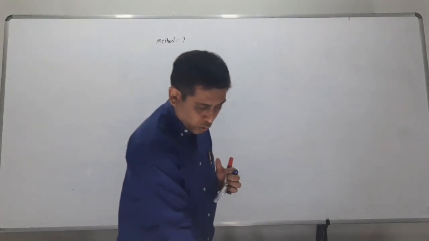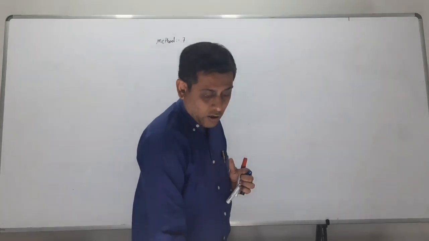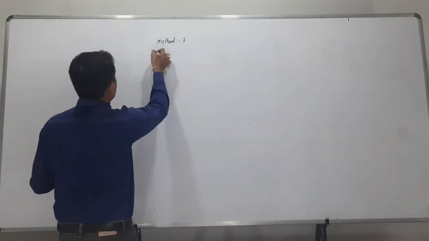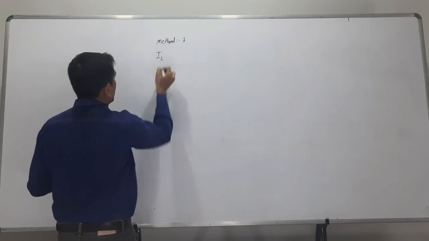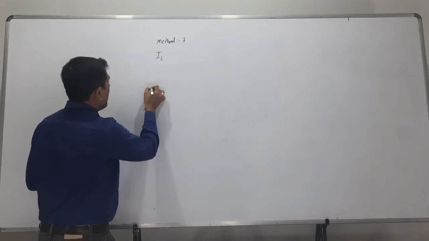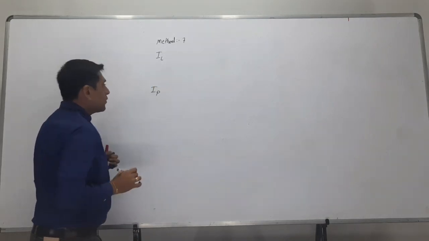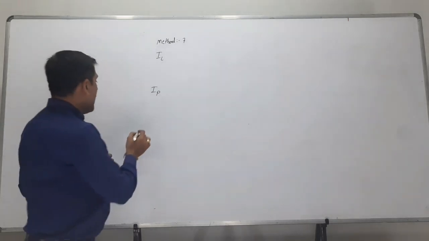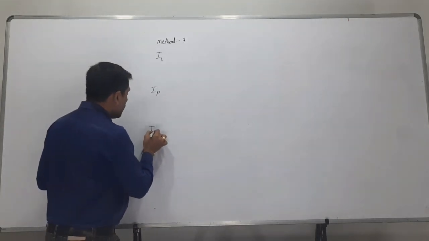So we have to find out the index number by Laspeyres formula, that is IL, index number by Paasche's formula, that is IP, and index number of Fisher.